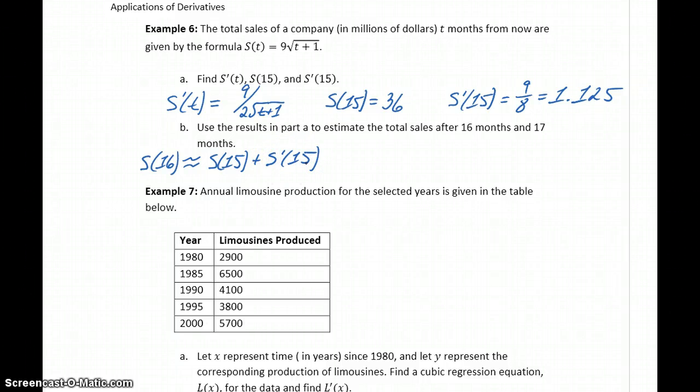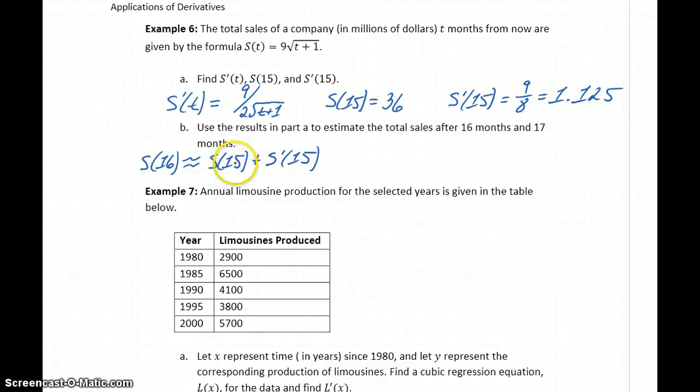s prime of 15. Because again, what this number is telling us is that after 15 months, total sales would be $36 million. The derivative function tells us what will happen if t increases by 1. So 1 month later, our sales should increase by a little over 1.1 million.